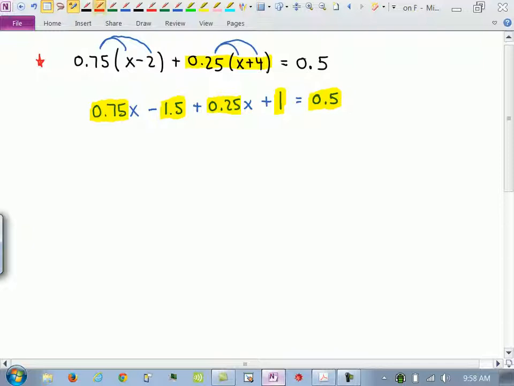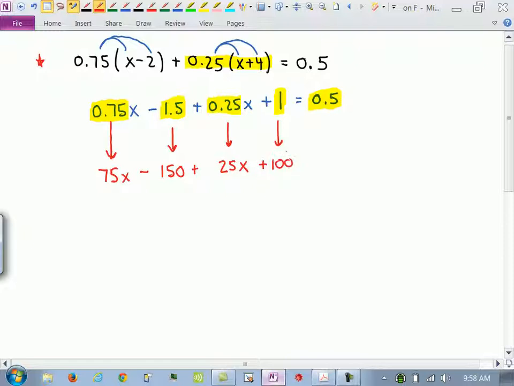So you tell me, what happens if I move it 2 decimals here on the first one? 75x. Minus, what happens if I move that 2 decimals? 150. Remember, because there's a 0 after that 5. Plus, next one, 25x. Next one, plus 100.